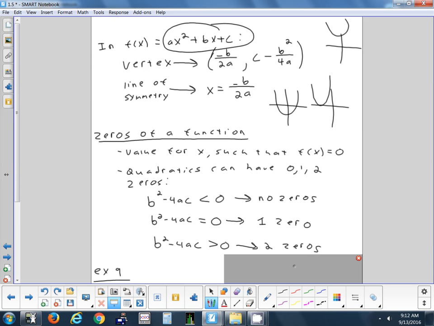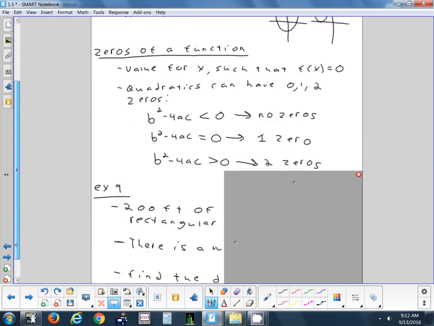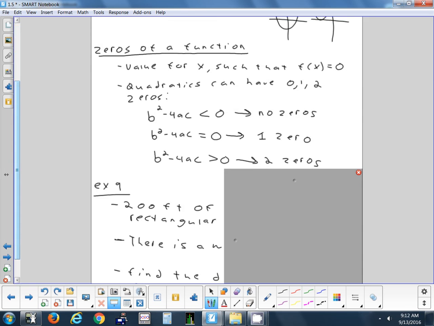And if it comes out more than 0, it would cross it 2 times. Hopefully you recognize that from the quadratic formula. It's the thing under the square root. And hopefully it makes sense that if the thing under the square root was less than 0, it would be negative, and the square root of a negative is imaginary, so it would never cross the x-axis. So that's a quick little shortcut to figure out how many times a parabola crosses the x-axis.